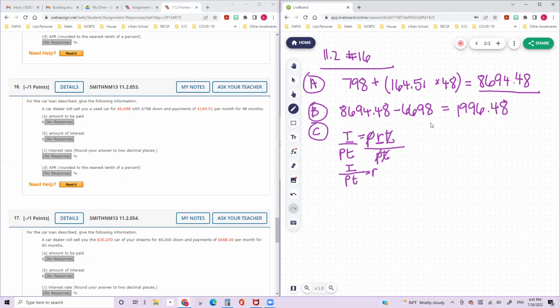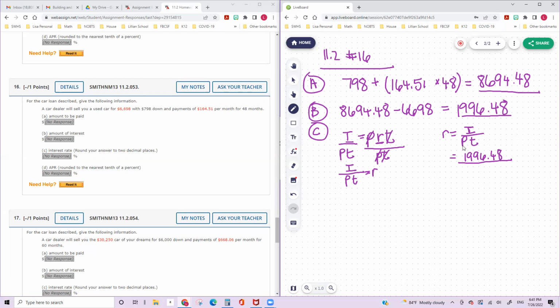All right, so now I have my formula. Rate is equal to the interest divided by the principal times the time. All right, now in this particular part of the problem, they are taking this interest amount, right here, 1996.48, and they're going to divide it by the principal and the time.